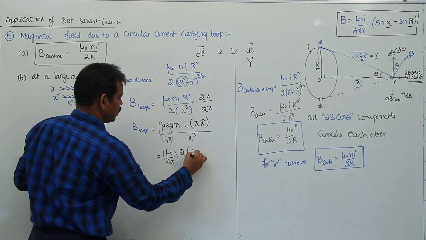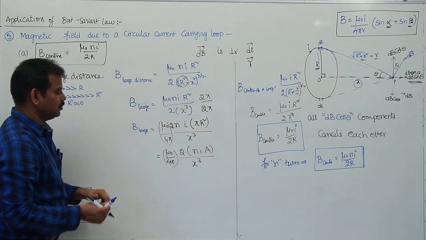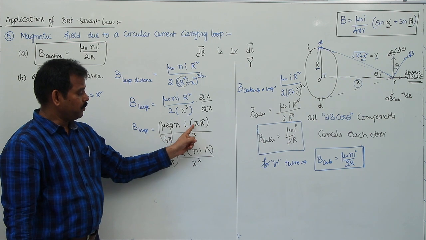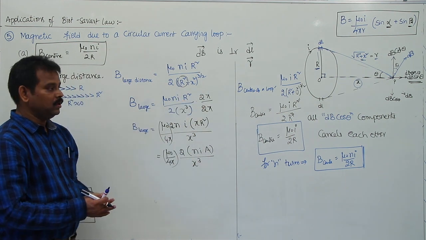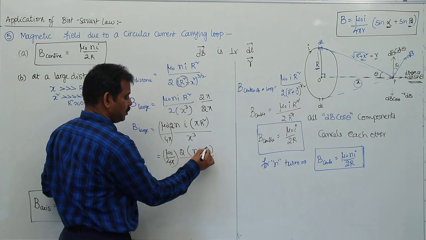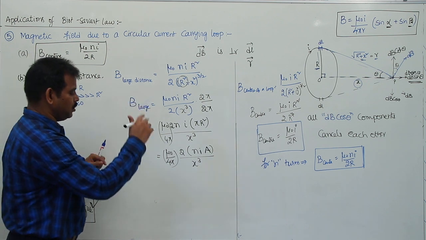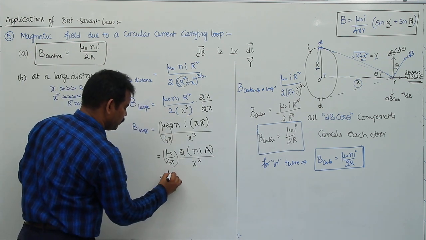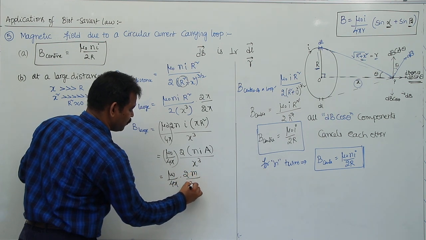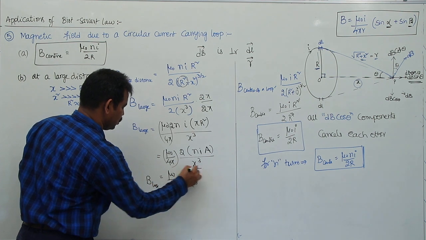This is 2 times N I A by x cube. N is the number of turns in the coil, I is the current in the coil, and pi r square is the area of that coil. In magnetism we studied that the product of current and area is called the magnetic moment of the coil. So here you can write mu naught by 4 pi into 2m by x cube. This is the magnitude at a large distance from a coil.